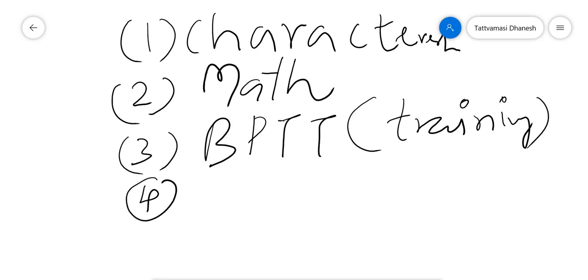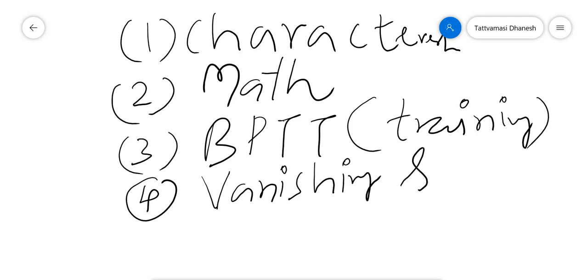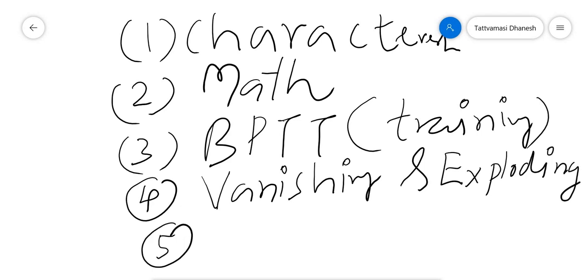Fourth, vanishing and exploding gradient. Fifth, why vanishing and exploding gradient happens in RNN. It's not happening in CNN. What is the reason? These 5 aspects I will be covering as part of this video. Let's start.